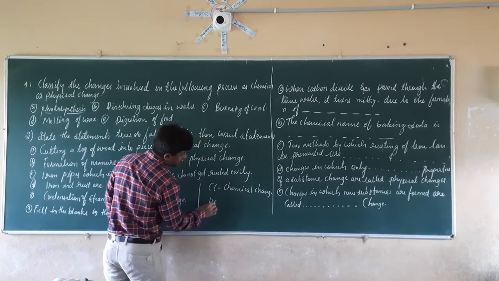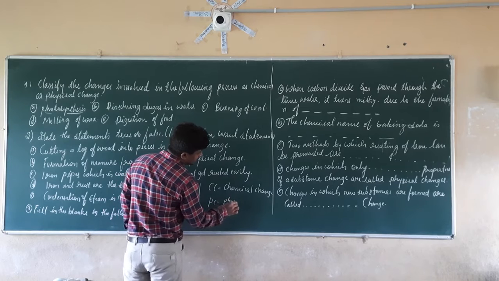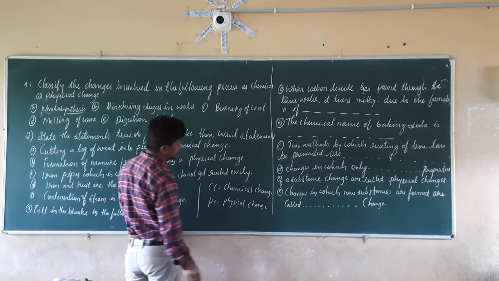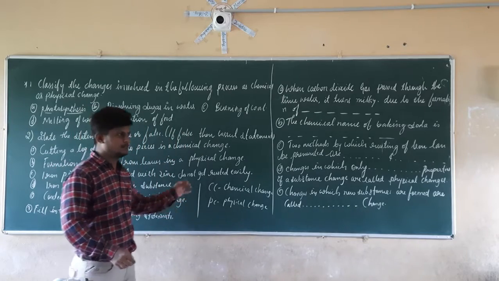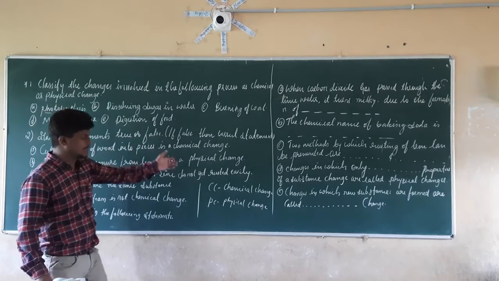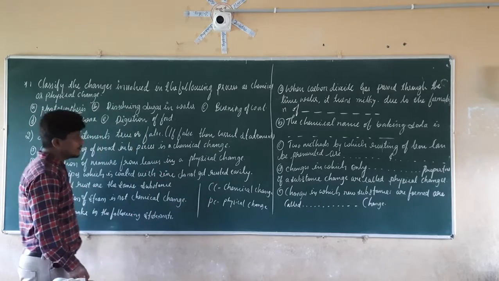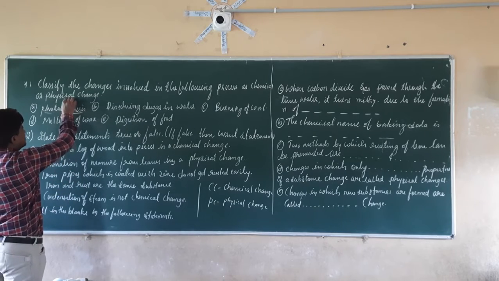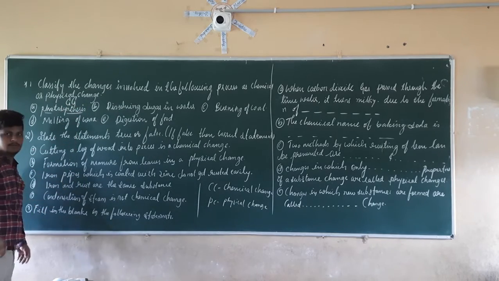In your textbook, you should write chemical change and physical change completely. Since there is a lack of space here, I am taking Cc and Pc. So photosynthesis is a chemical change, therefore it is a Cc.